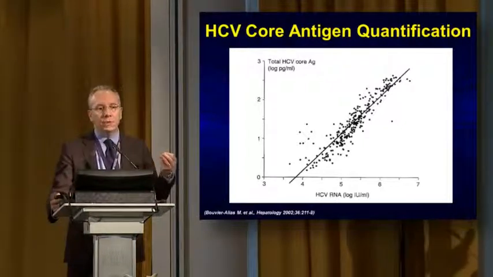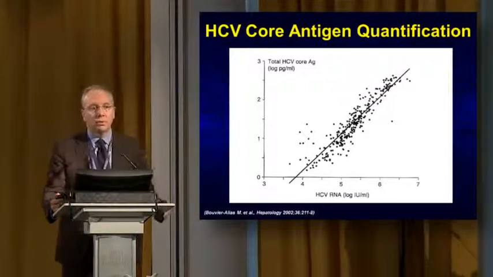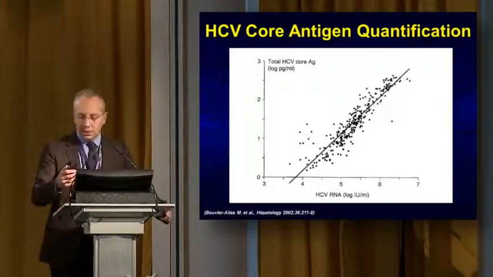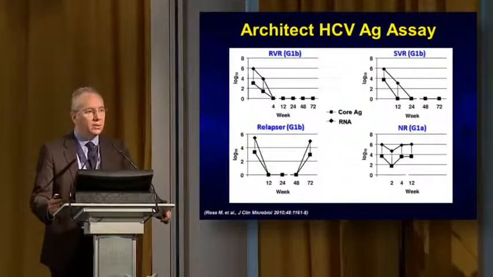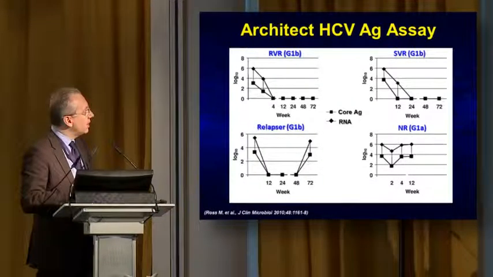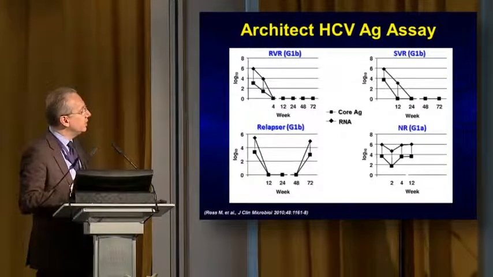Meaning that if you measure core antigen in blood, you indirectly measure the level of viral replication. And this correlation is seen in individual patients, and if you look at the viral kinetics in patients that have been measured with an HCV RNA assay here or with a core antigen assay, you see that the curves, the slopes, are exactly the same.